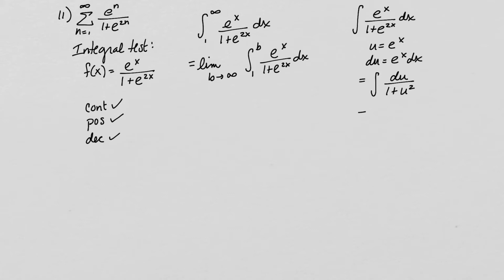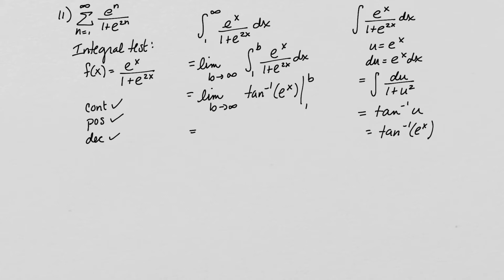And so that's actually the inverse tangent of u, or the inverse tangent of e to the x. So we're looking at the limit as b approaches infinity of the inverse tangent of e to the x evaluated from 1 to b. So the limit as b approaches infinity of the inverse tangent of e to the b minus the inverse tangent of e to the first.